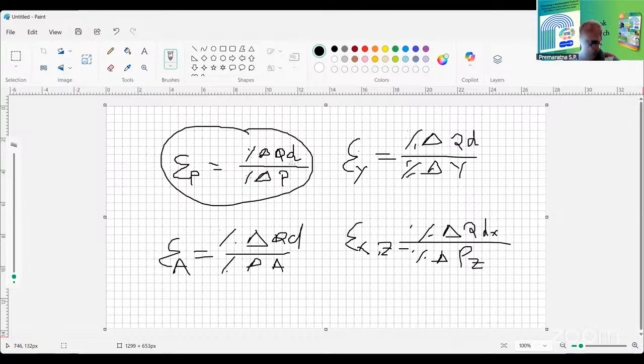This way you can easily measure the elasticity.